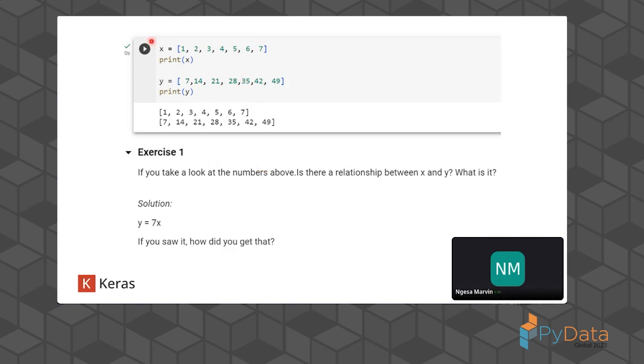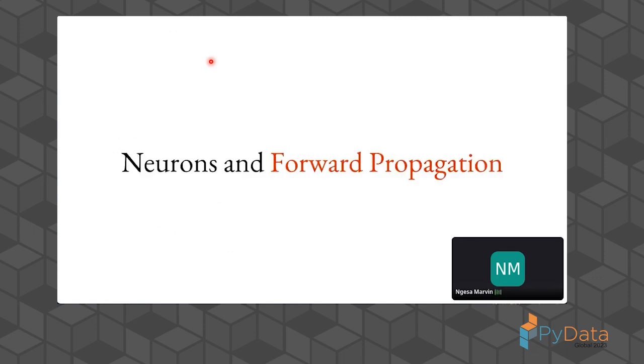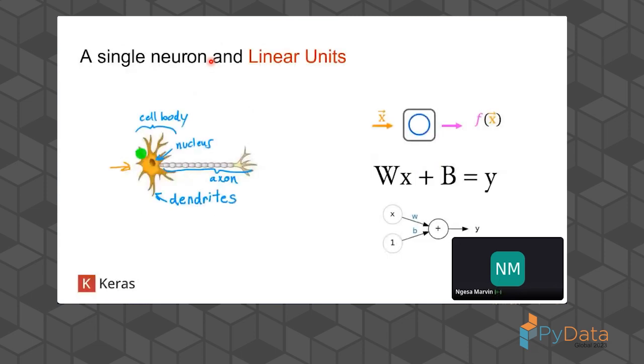Ideally, what you're trying to do is approximate y as a function of x, and in some way, this is what deep learning is. In deep learning, we have things called neurons and even forward propagation. In some way, you could say deep learning is just matrix manipulation, because you're always trying to approximate y as a function of x, of course, with some weights and biases.